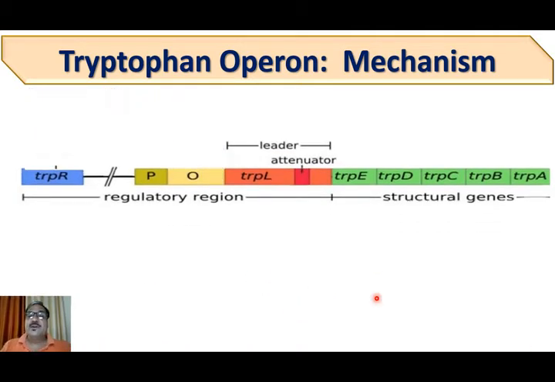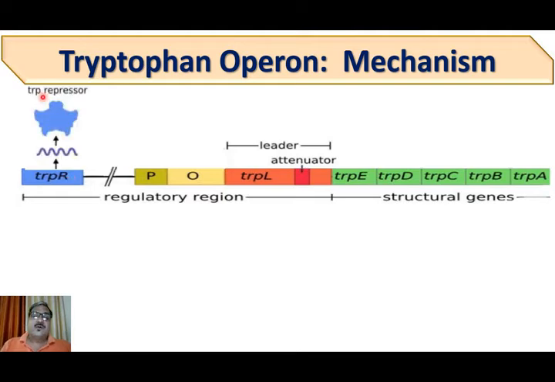But when the tryptophan amino acid concentration in the medium is low, the bacteria has to synthesize the tryptophan on its own. So when the tryptophan concentration lowers, the TRP repressor is free from its co-repressor and vacates its operator, allowing the synthesis of TRP mRNA to commence from the adjacent promoter.